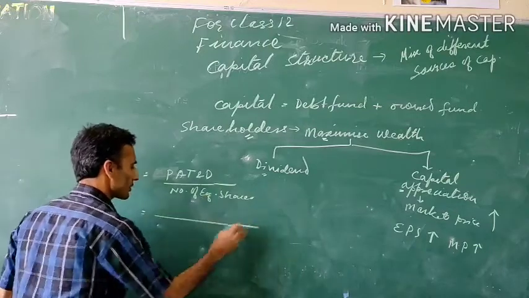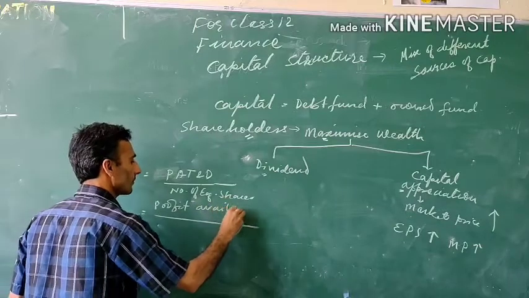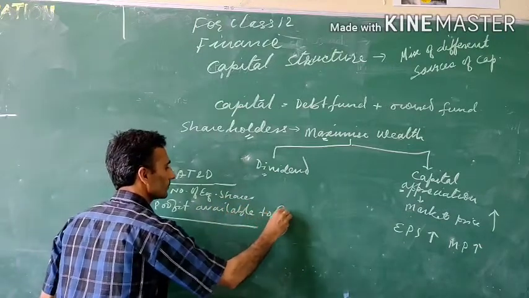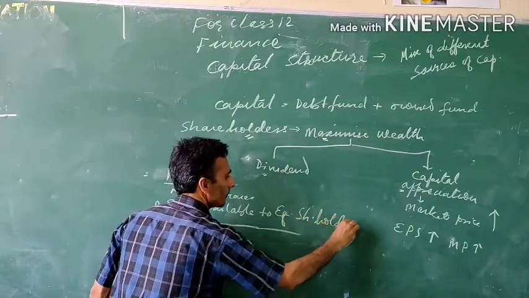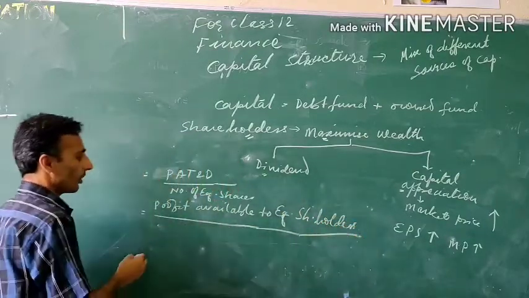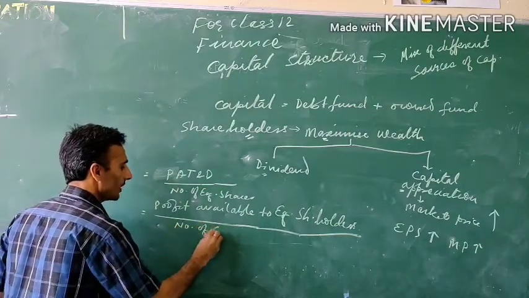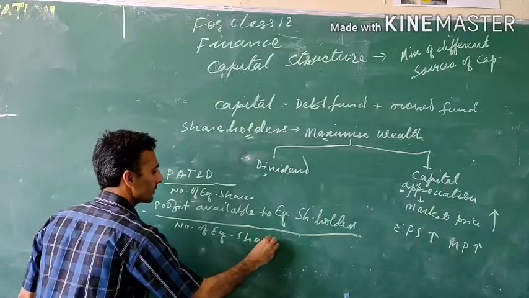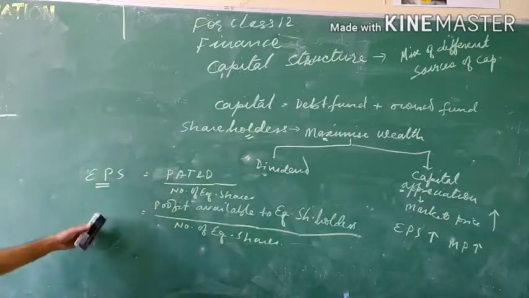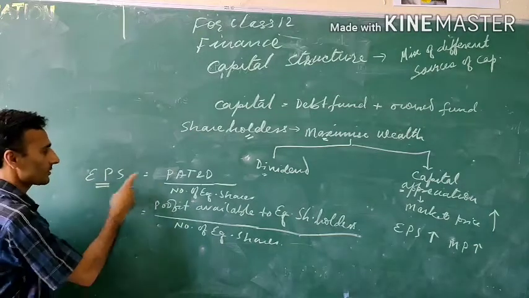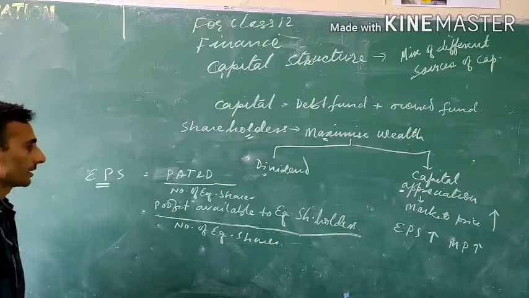Or in other words, profit available to equity shareholders divided by number of equity shares will give you earning per share. This is how we calculate. So earning per share also has a relation with the profit after tax and dividend, or the profit earned by the company.